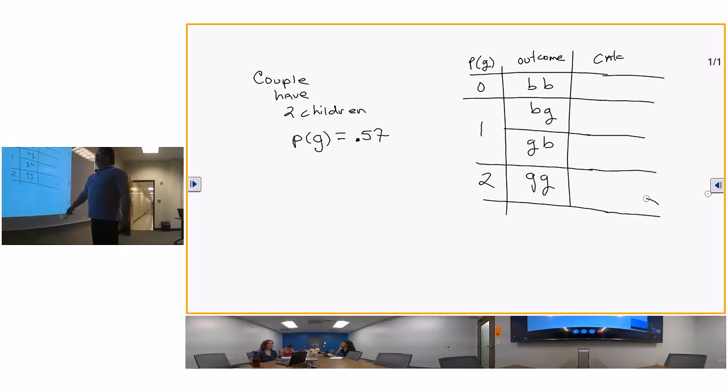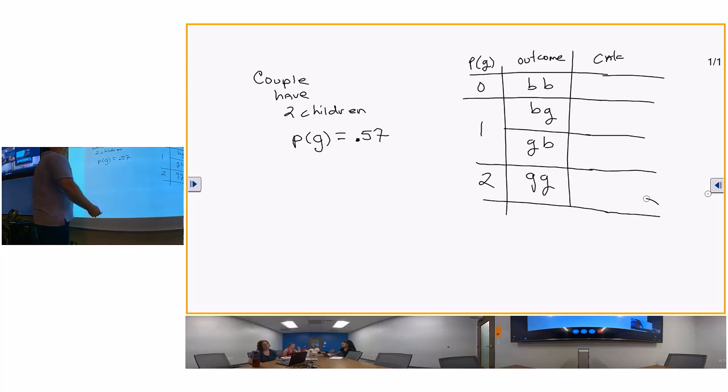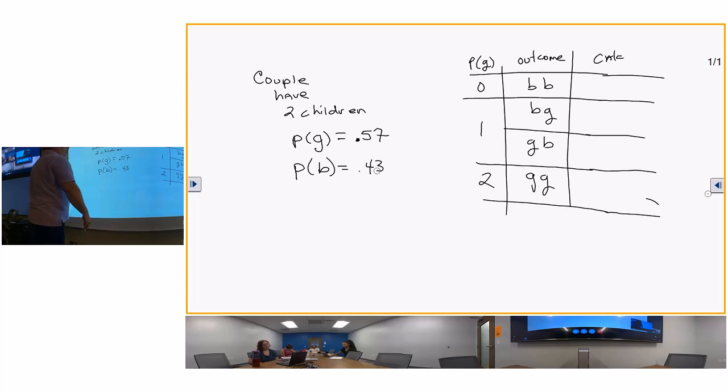It's just something you need to know, because when you see these weird probabilities, this is how you come up with them. So if the probability of a girl is 0.57, what's the probability of a boy? 0.43, right?